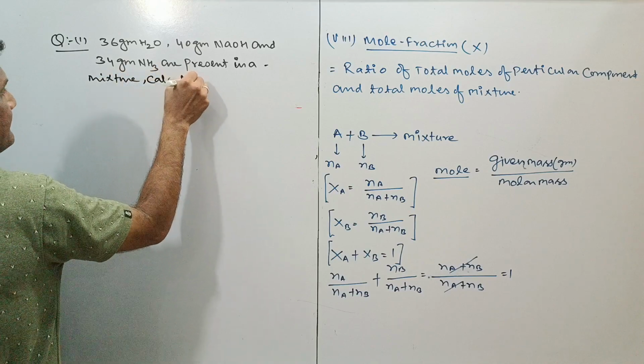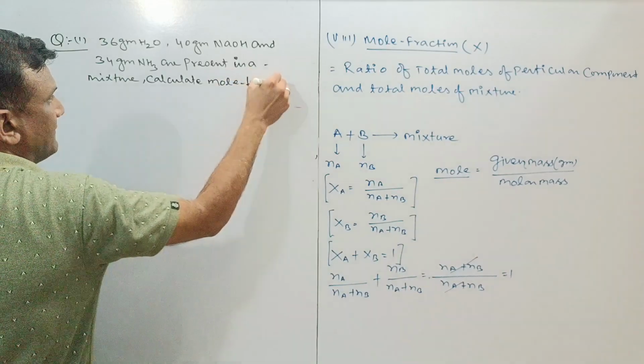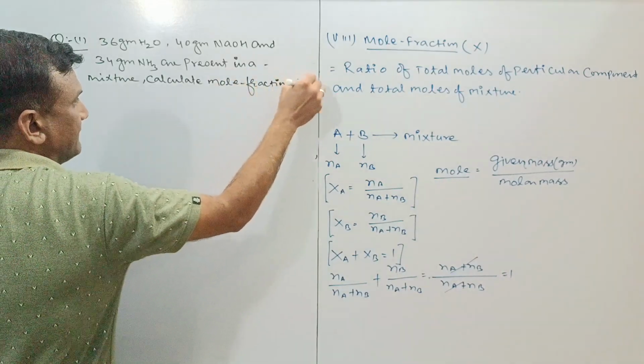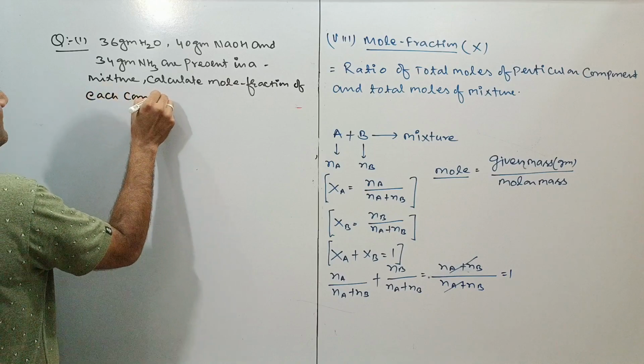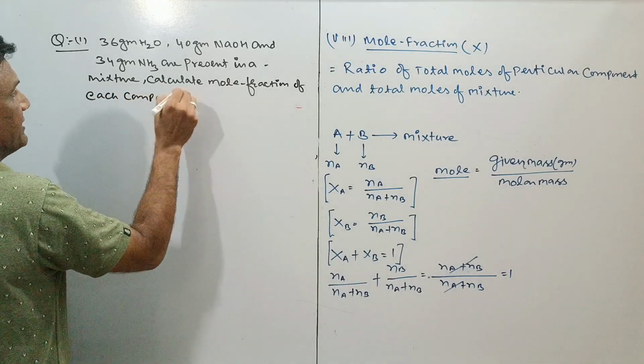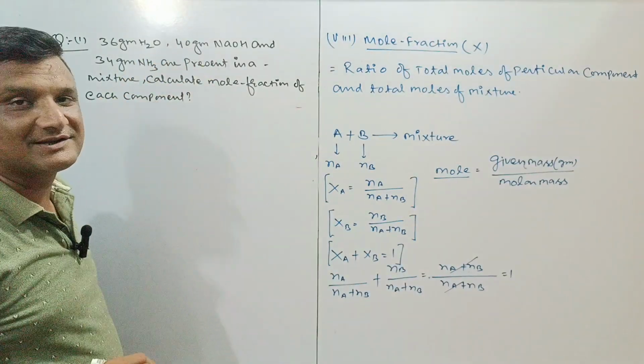Calculate the mole fraction of each component. Here they are H2O, NaOH and NH3.